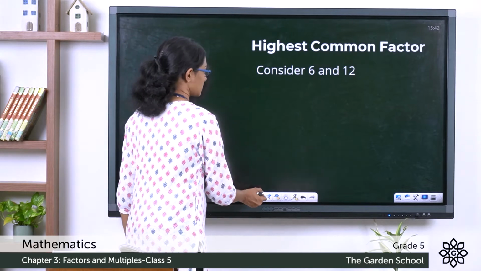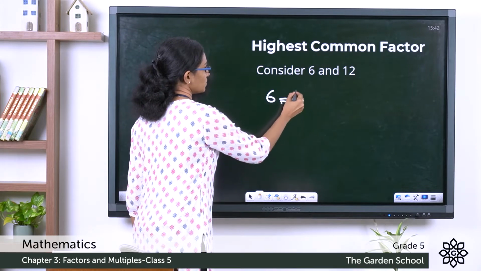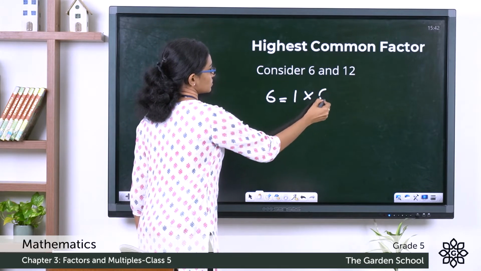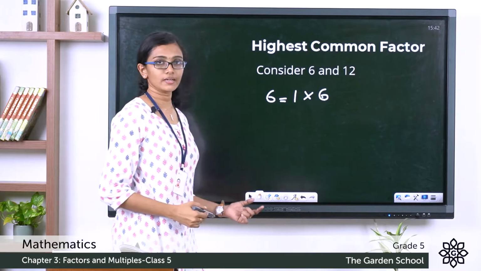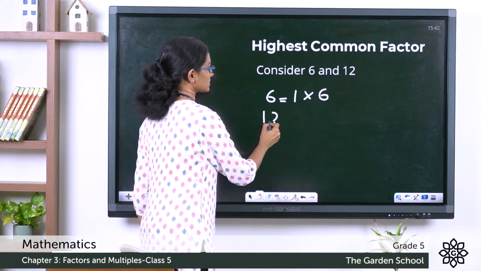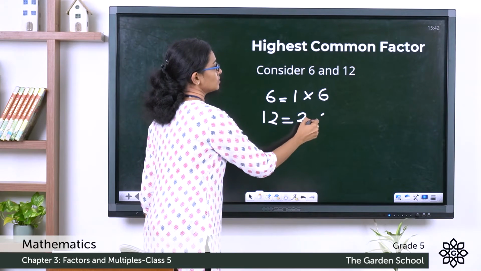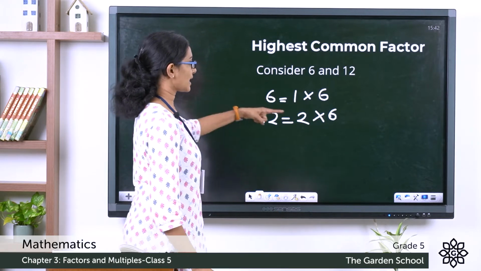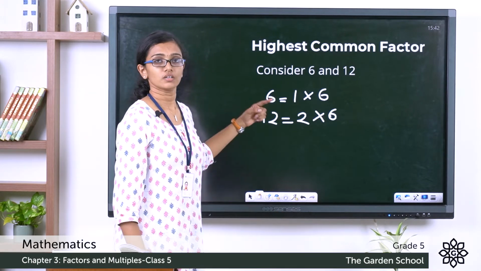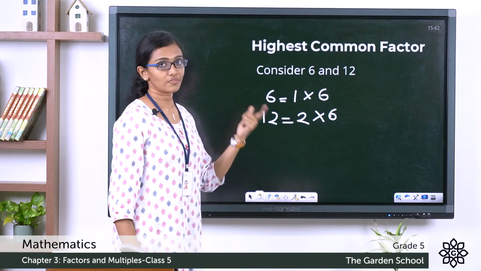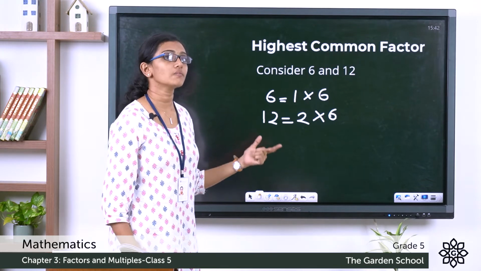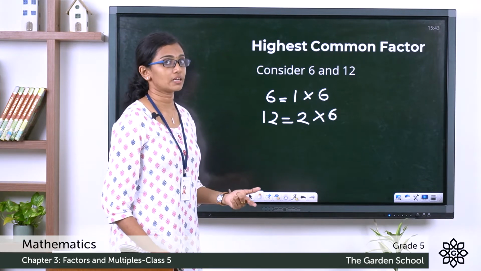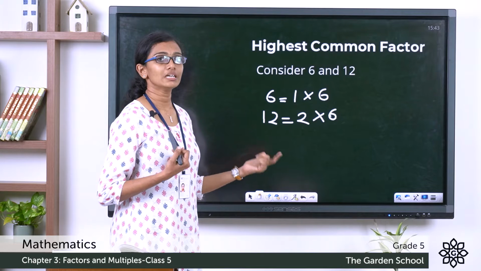So 6 can be written as 6 is equal to 1 into 6, right? And 12 can be written as 12 is equal to 2 into 6. So these are the factors of 6 and these are the factors of 12. We know the factors of a number can divide a number completely, means without leaving any remainder.